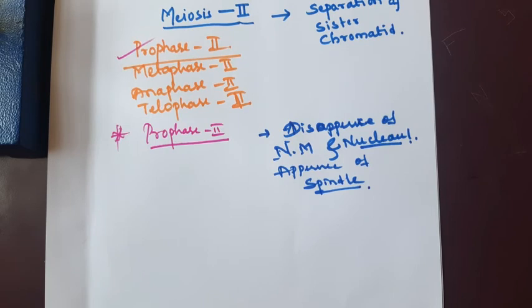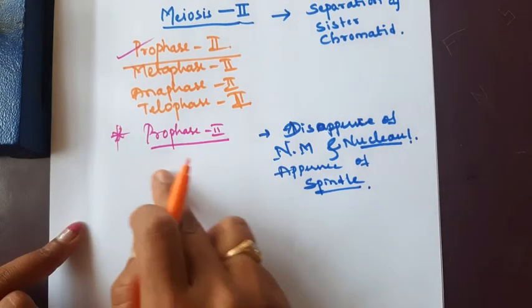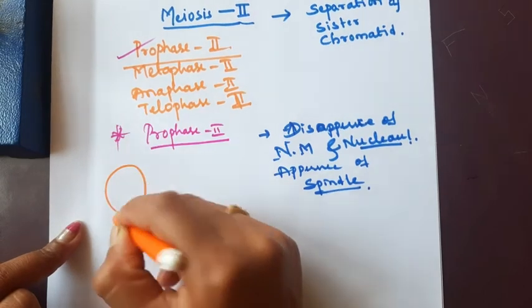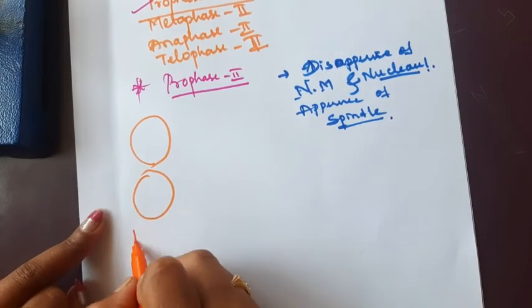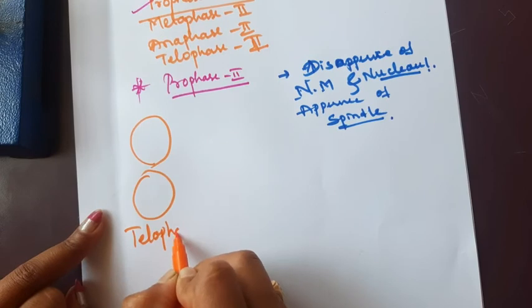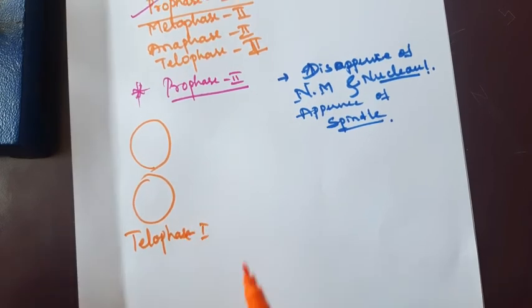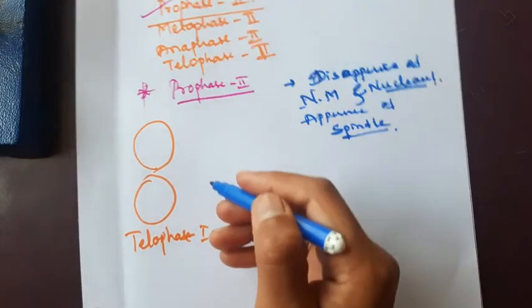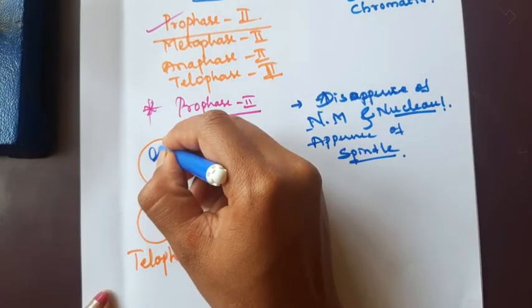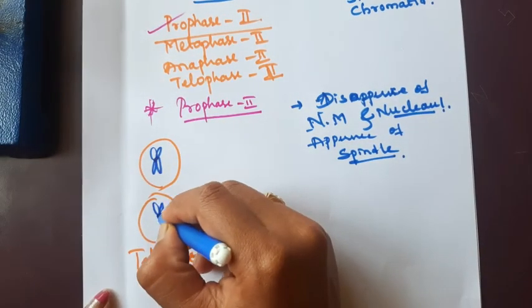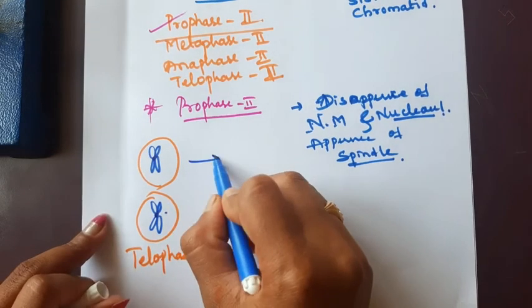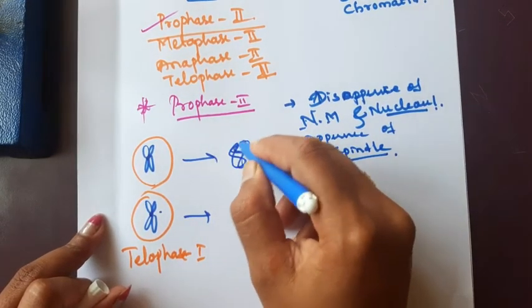Okay. Then again in prophase, the chromatin material starts condensing to form chromosomes. Again the chromosomes are formed in the stage of prophase. I will write here after telophase 1. This is the telophase 1 stage. In that you can see there is a separation of homologous chromosomes, and uncoiling of genetic material.